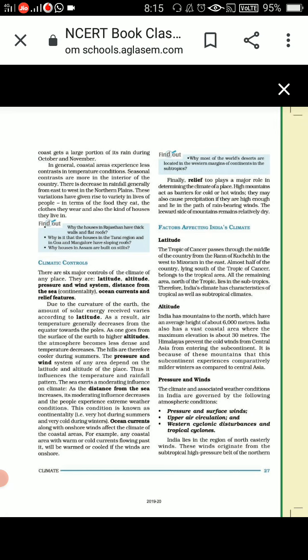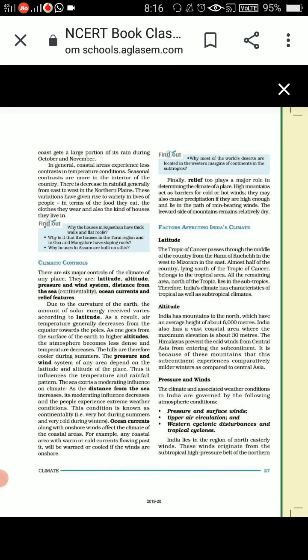As the earth is round in shape, the amount of insolation, the solar energy which falls on the earth, is different at different latitudes.